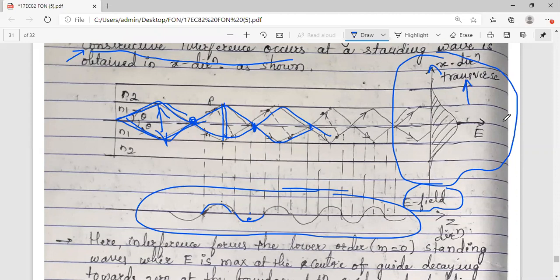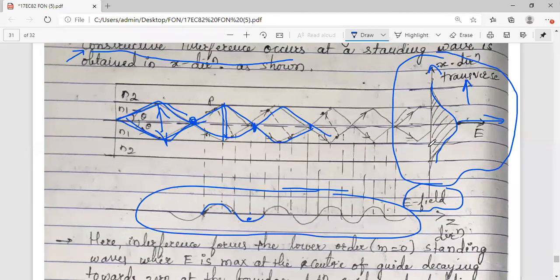So when the ray of light enters the waveguide like this, we resolve horizontal and vertical components, out of which the vertical component will go and a phase change occurs, there is constructive interference. Because of this, how does the electric field look? The electric field travels in the x direction.